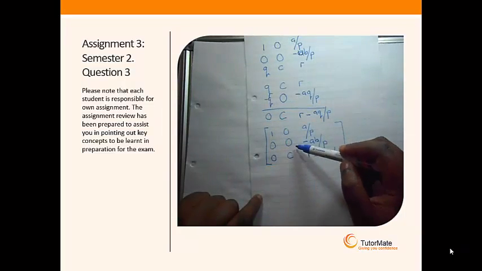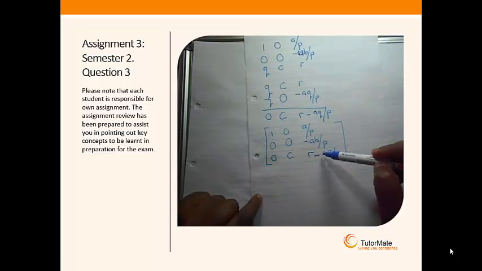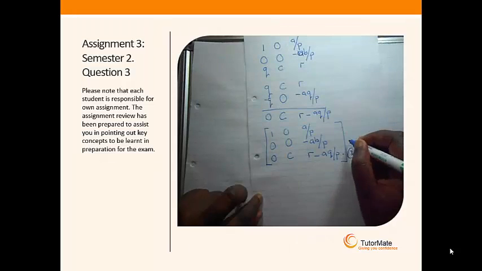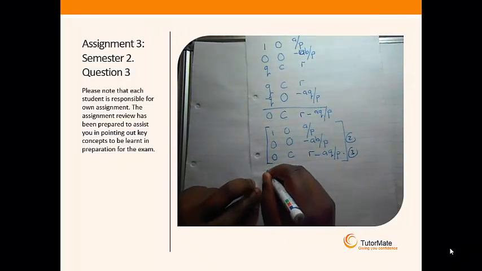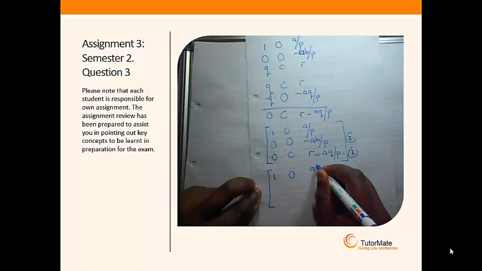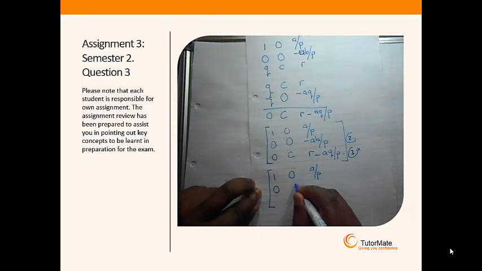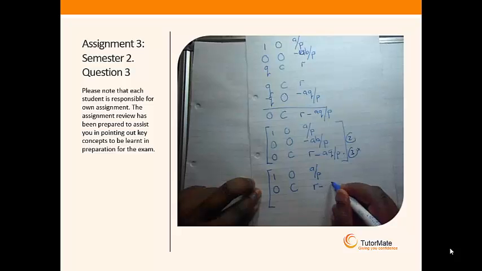So I'll rewrite again. My matrix will be 1, 0, A over P, then my second row is going to be 0, C, R minus AQ over P, then 0, 0, minus AB over P.